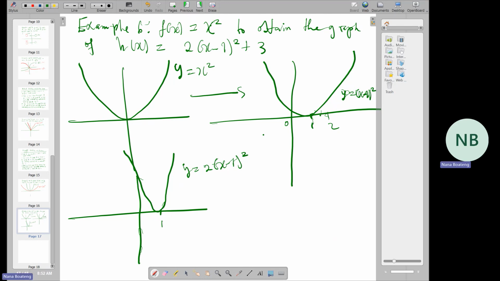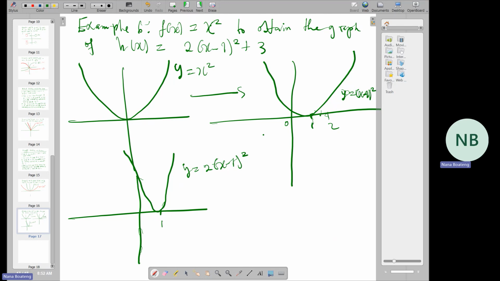And finally, it is shifted upward by 3 units. So it's a vertical shift. It's vertically shifted upwards by 3 units. So let's look at that.